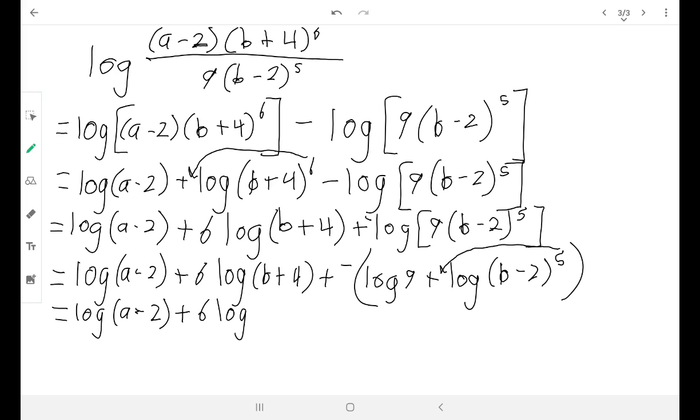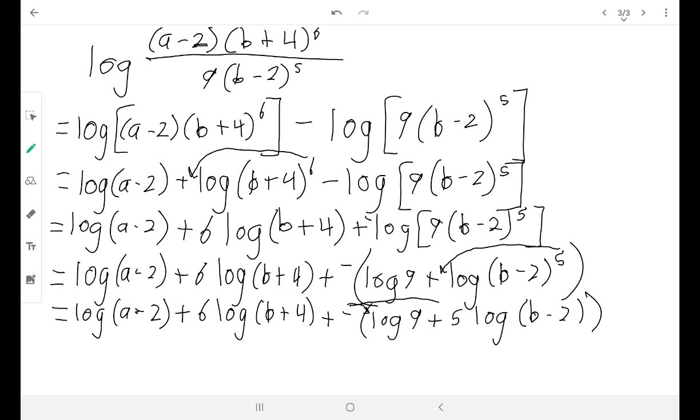So 6 times log of b plus 4 plus the negative of common log of 9 plus 5 times the common log of the quantity b minus 2. Okay, so now this negative is going to distribute, and then I'll be done.